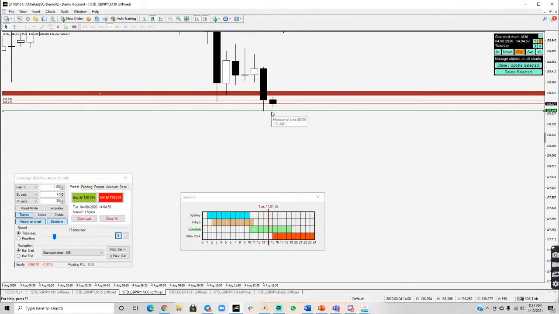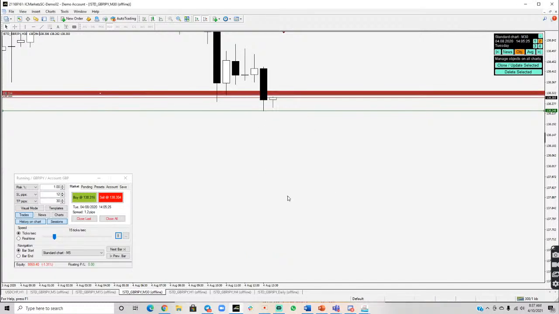We need price to break here. I'm just still waiting to see if we'll start to break below 138.